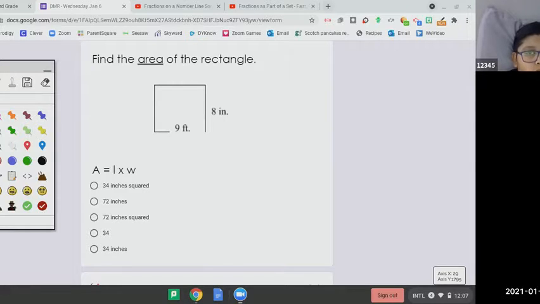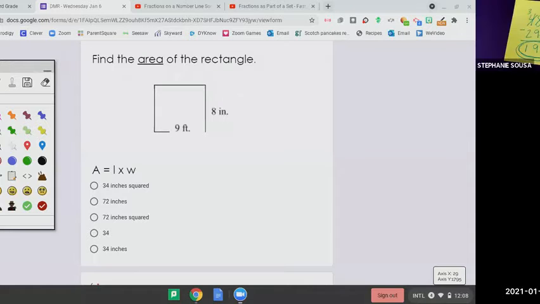So we're going to get jazzy with it, and that will look and sound like this. 8, 16, 24, 32, 40, 48, 56, 64, 72. Okay, so 72. That means that my answer is going to have a 72 in it.